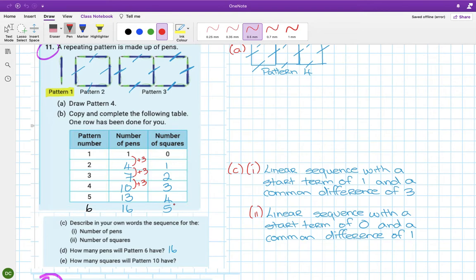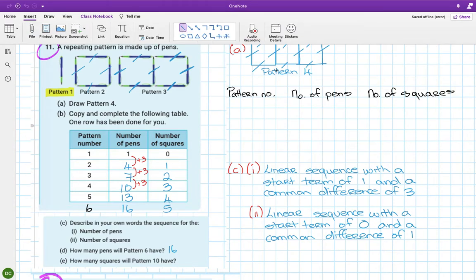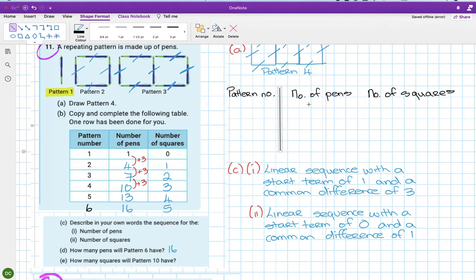Okay, I have a bit of space there, so let's go pattern number, number of pens, and number of squares. So I'm just going to insert a few lines here to make it look a bit like a table. And another one.